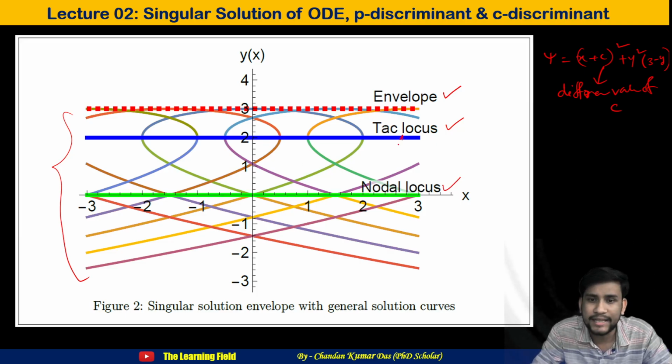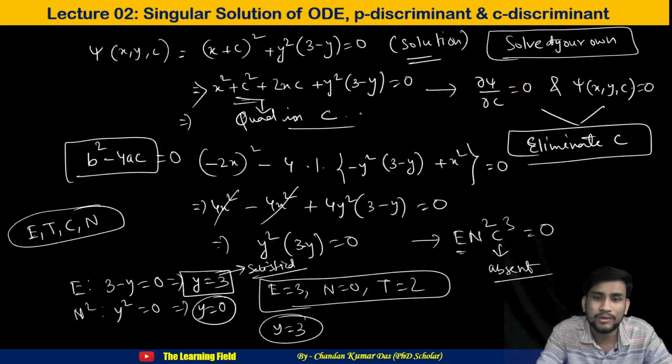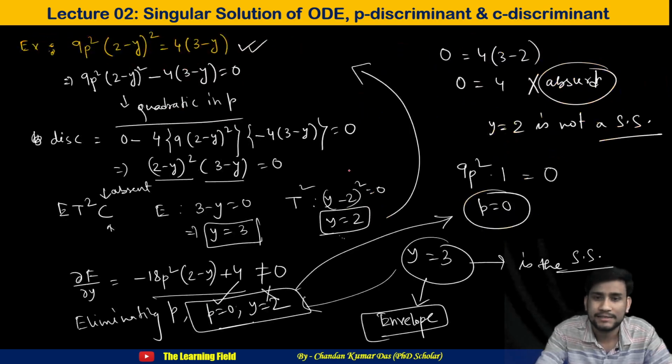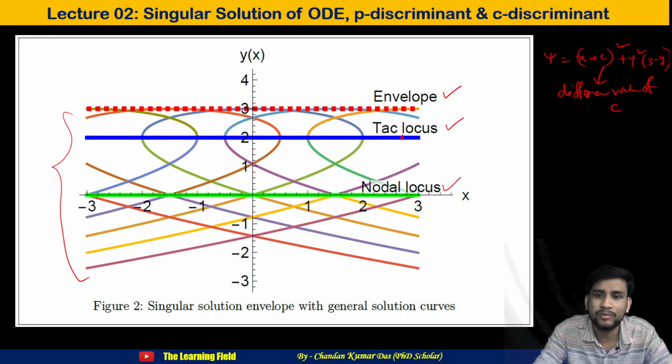This blue line is the tac locus. Tac locus means, we already read the definition, the tangent at which the two branches touch each other.